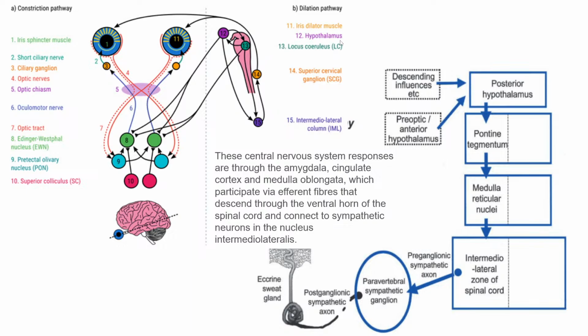It also goes through the hypothalamus and through the locus coeruleus, I think, if I pronounce it properly. It is not mentioned here, but it's one of the medullary reticular nuclei, as I remember.